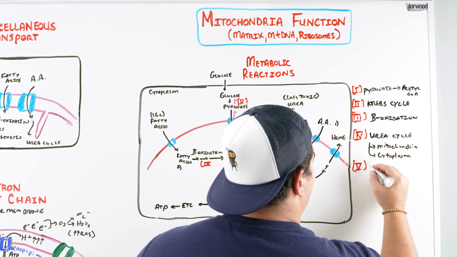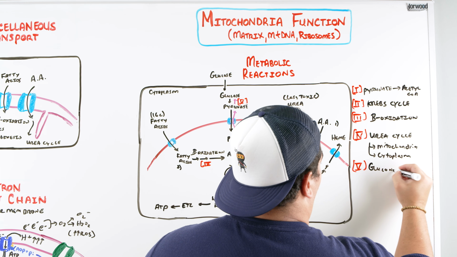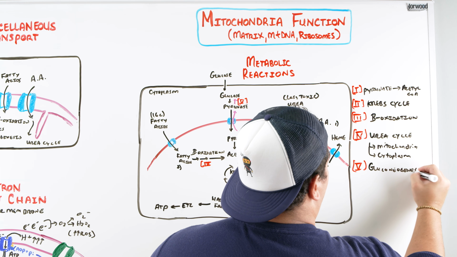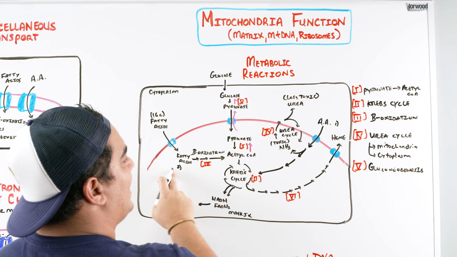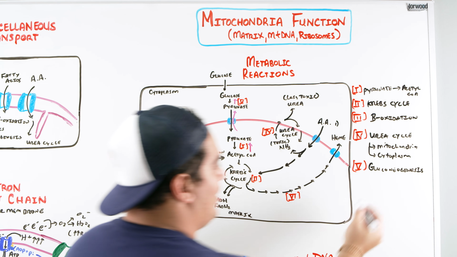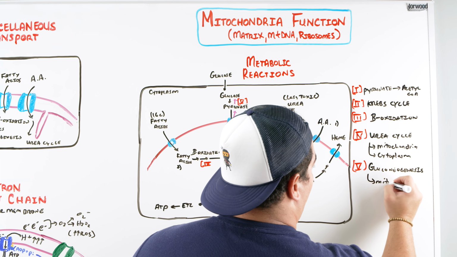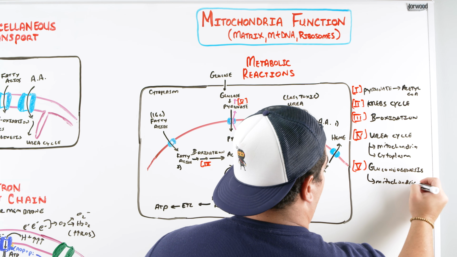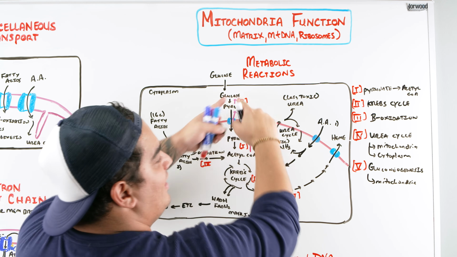And what is gluconeogenesis? It's taking something like amino acids or odd chain fatty acids and converting them back into glucose. But did you notice that this one also takes place in the mitochondria and also in the cytoplasm?